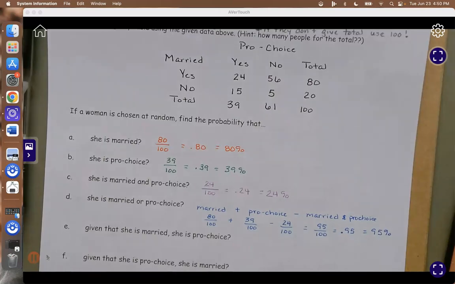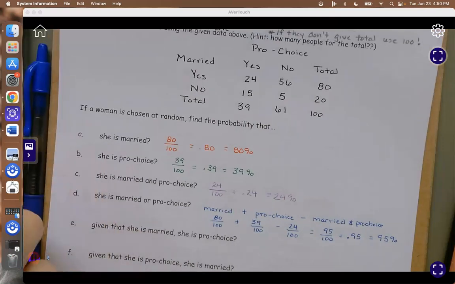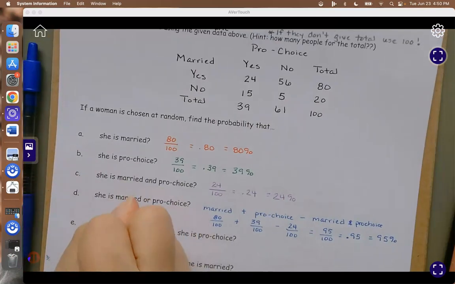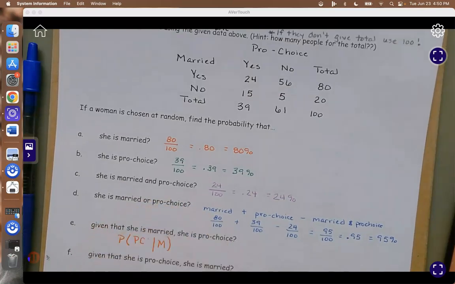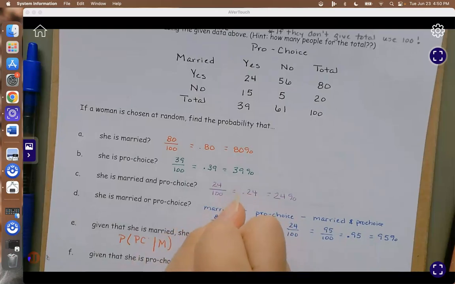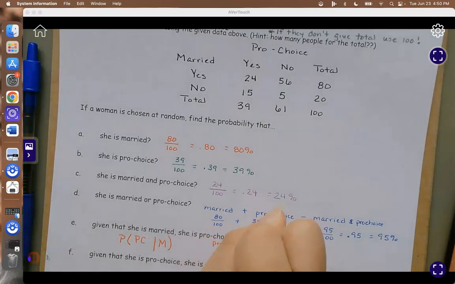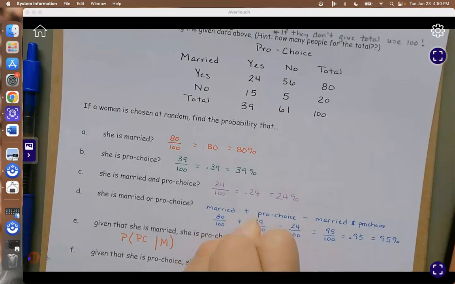Given that she's married, okay, given that she's married, she's pro-choice. Okay, so here we're going to do pro-choice and married over married.